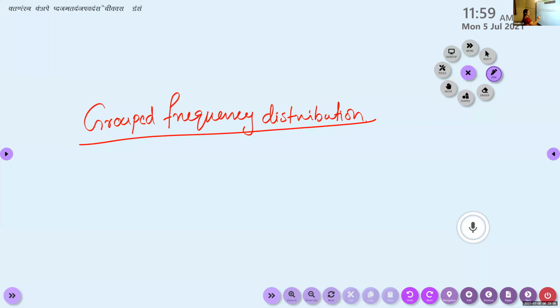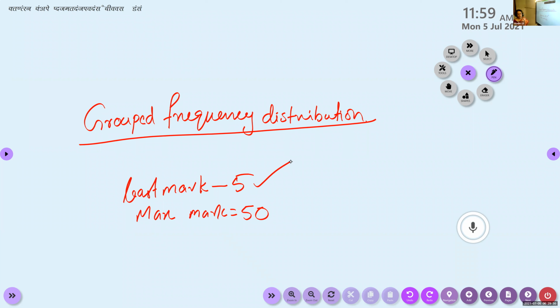Least mark is 5 and highest mark is 50. First of all, you have to find the least value and the highest value.